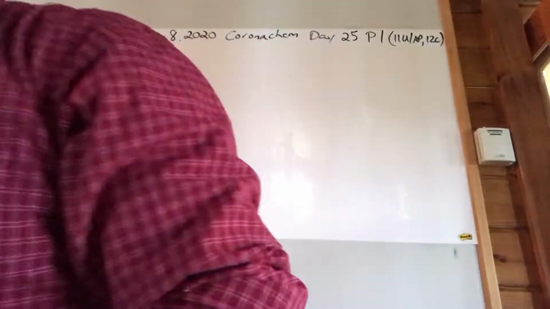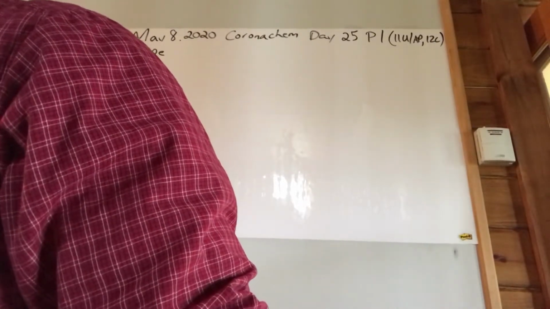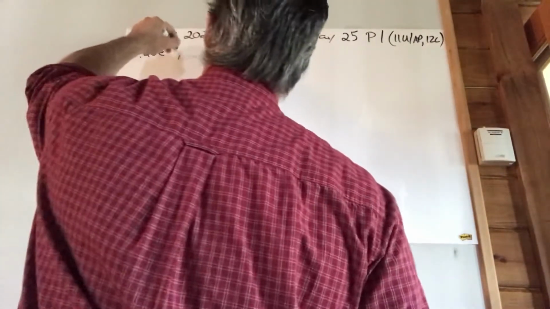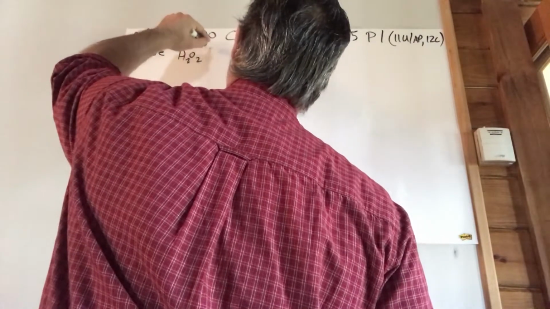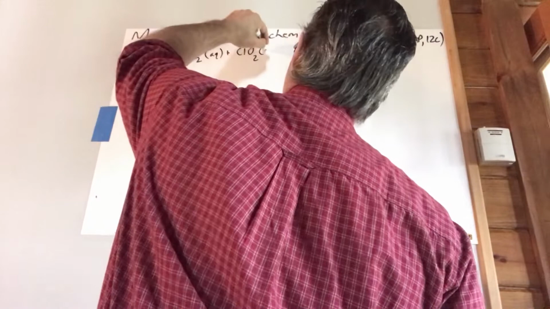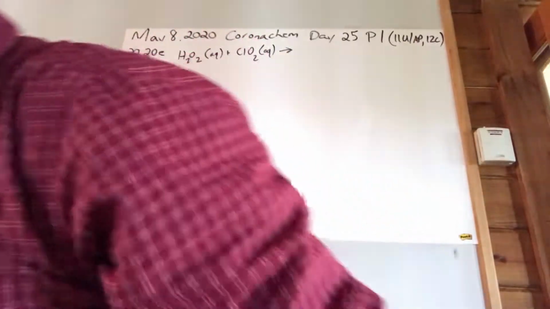2020E is peroxide reacting with chlorine dioxide to give you chlorite plus oxygen. So peroxide plus chlorine dioxide reacting to give you, I already forgot, chlorite and oxygen.